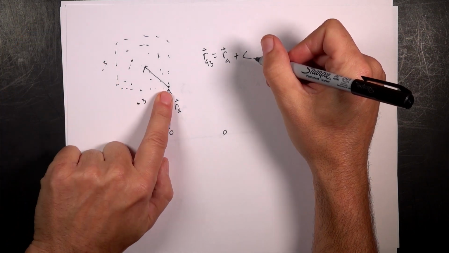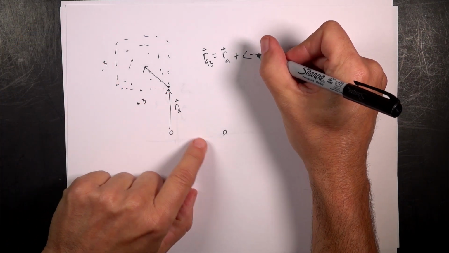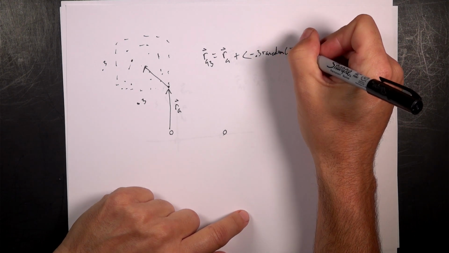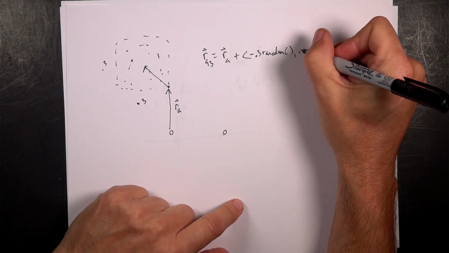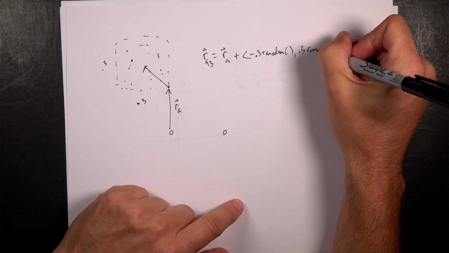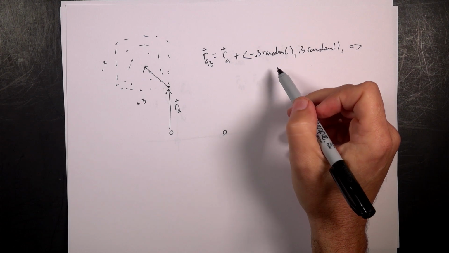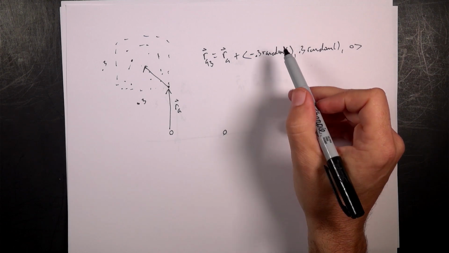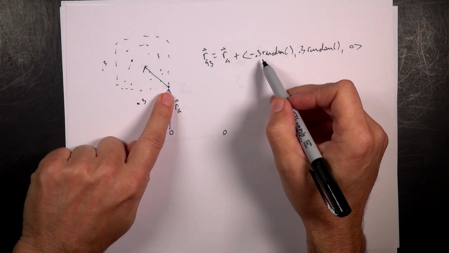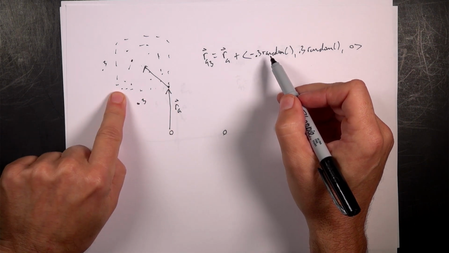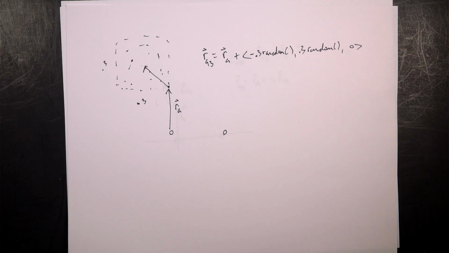I want to go from negative 0.3 random to 0.3 random. So random is a function in Python that returns a number between 0 and 1. So this will give me an x-coordinate between 0 and negative 0.3, and 0 and 0.3, and 0.